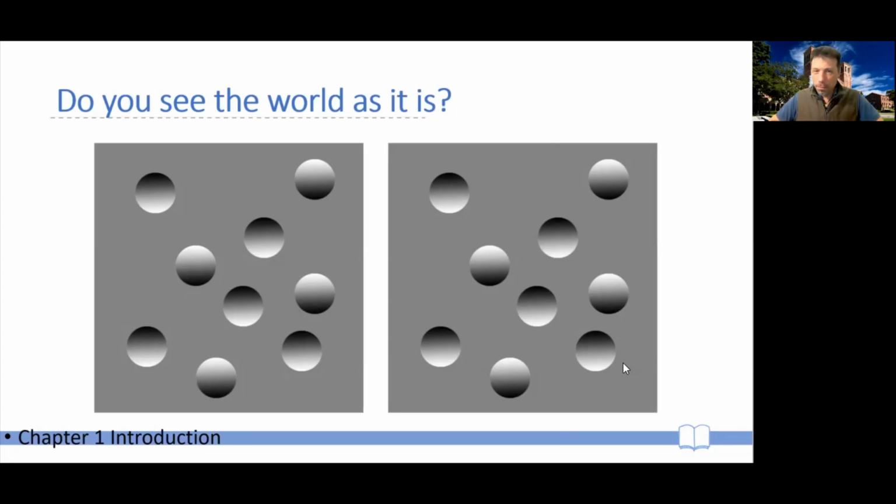Now, if you can assume, as our mind does, that light comes from above, if something is shiny on the top and dark on the bottom, it is likely to be convex. It is likely to be protruding because the light is shining down, is reflecting up here, and the bump itself is then casting a shadow on the bottom half.